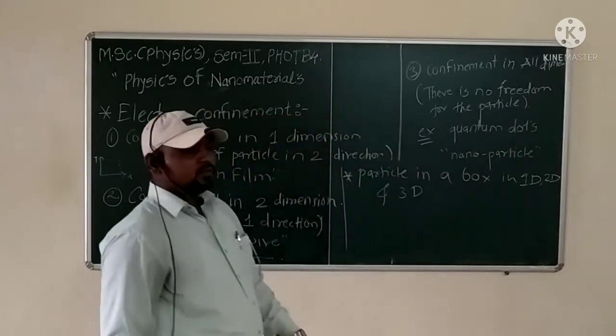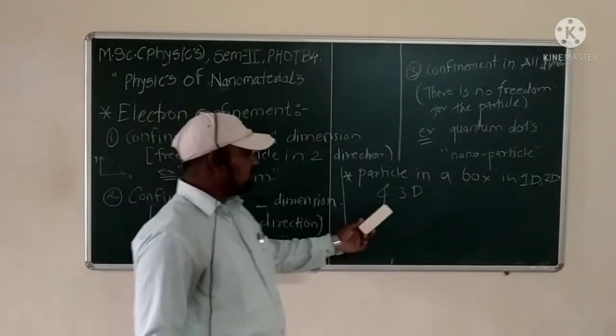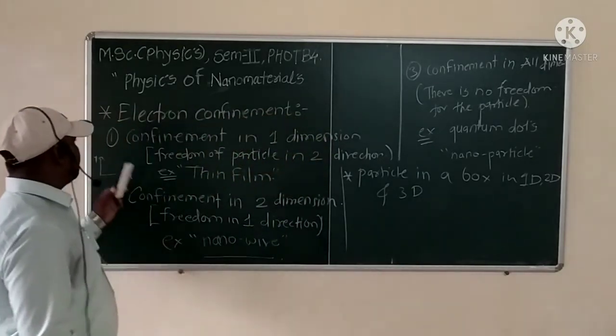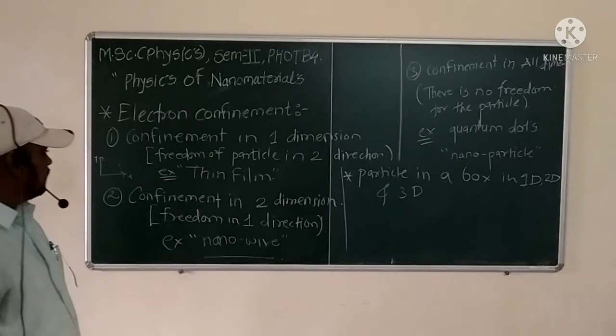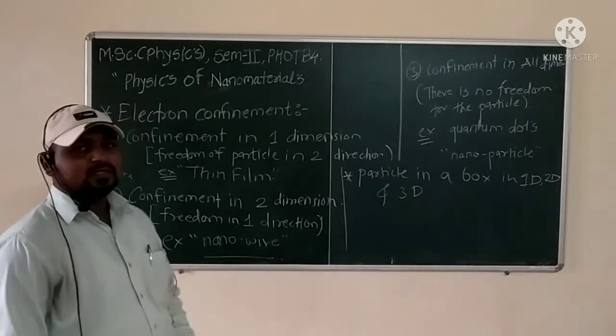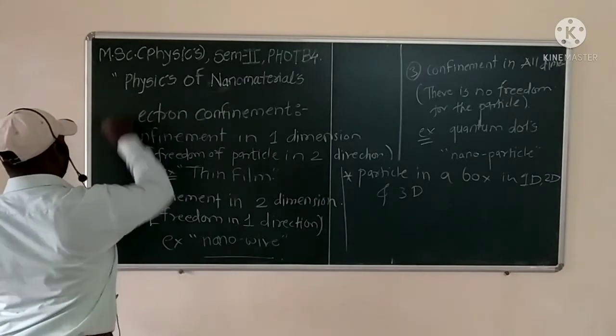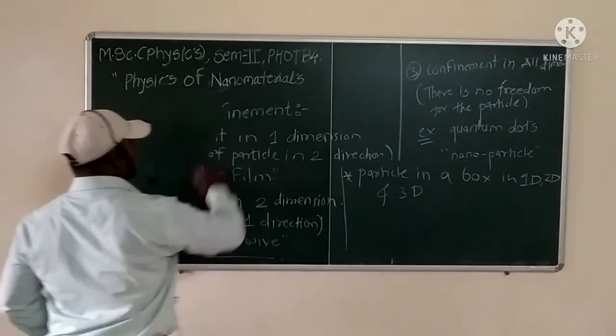So the quantum mechanics concept of the particle in a box in 1D, 2D, and 3D gives us the explanation about confinement of the electron in one dimension, two dimensions, and three dimensions. So let's begin with electron confinement in one dimension.